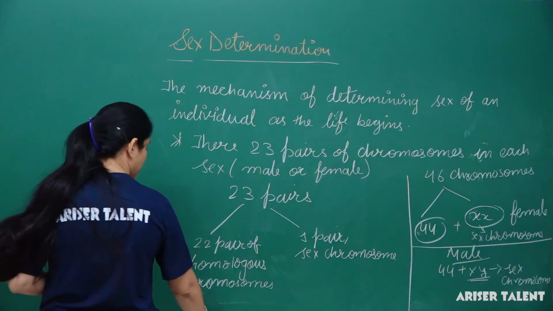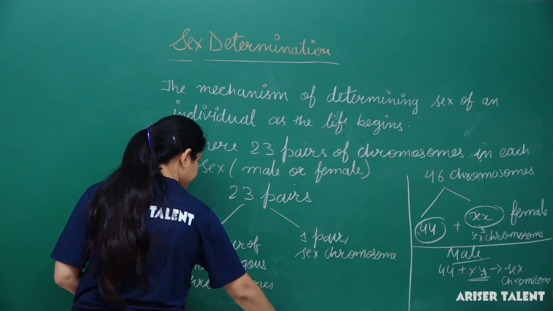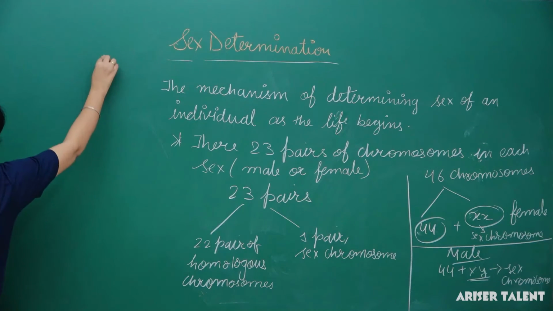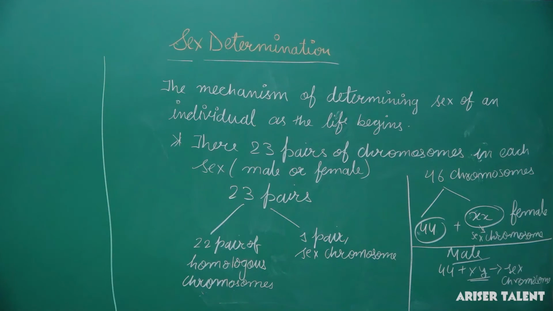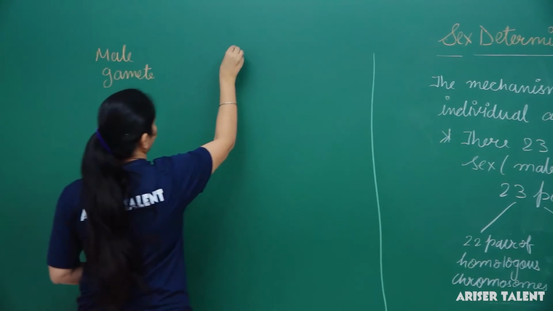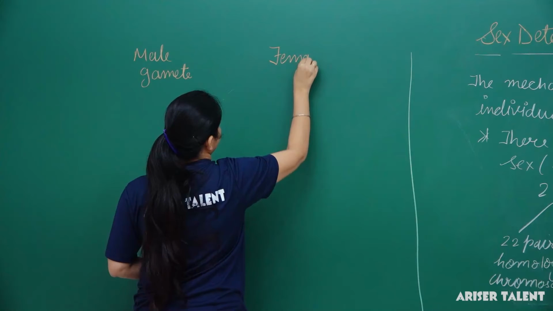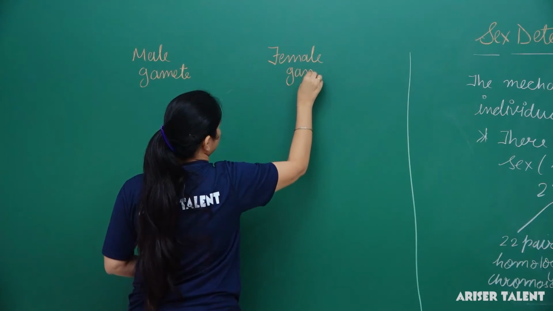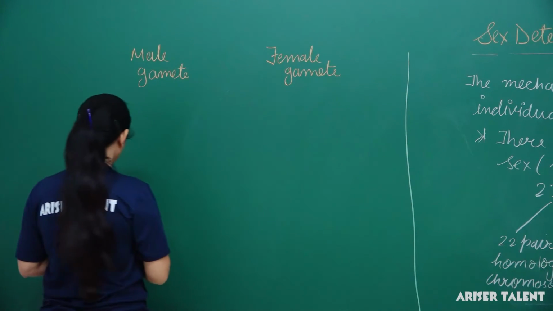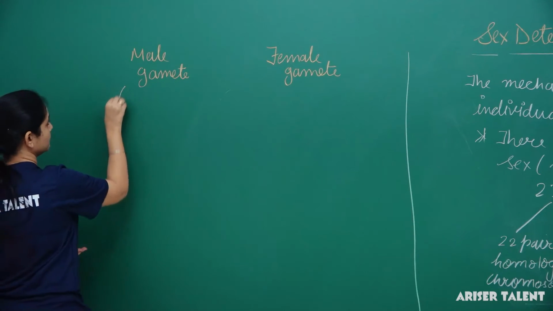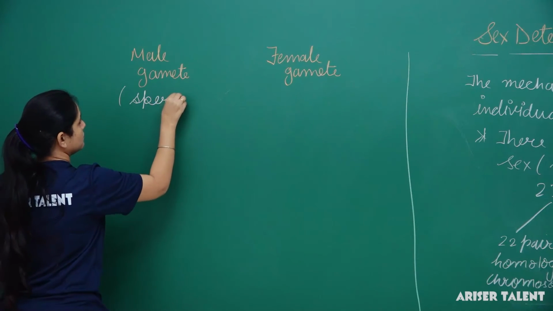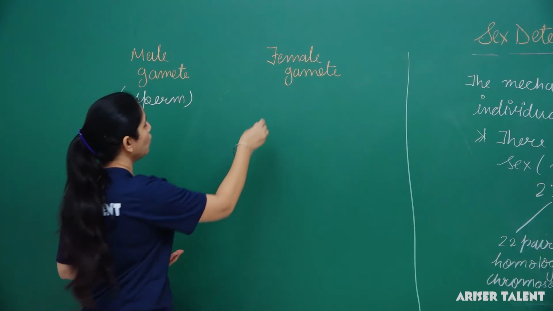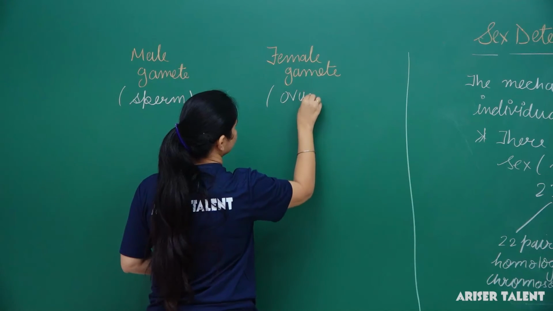Now let me tell you how the sex is determined. When the male gamete and the female gamete get fused with each other, the male gamete means sperm and the female gamete means ova or ovum.